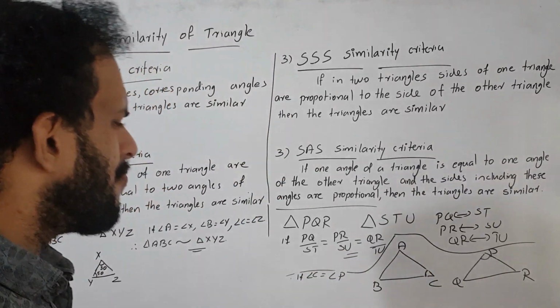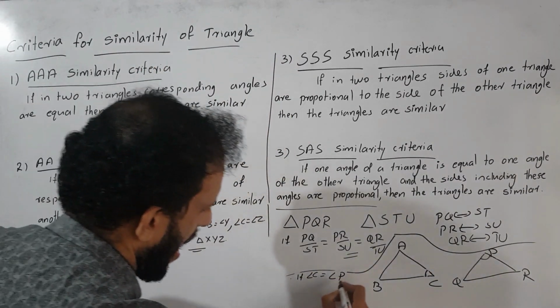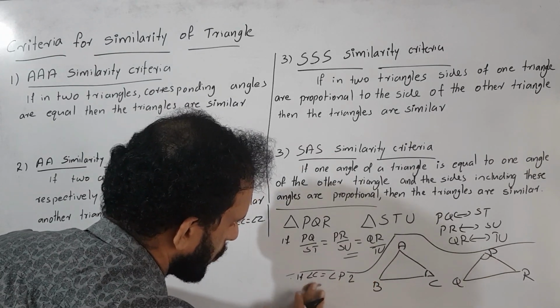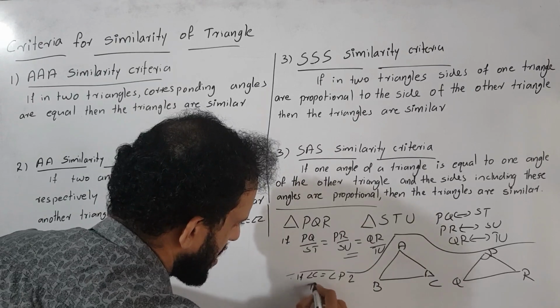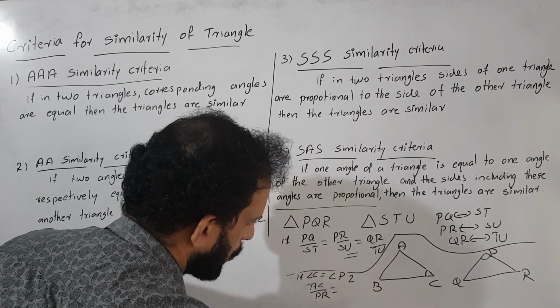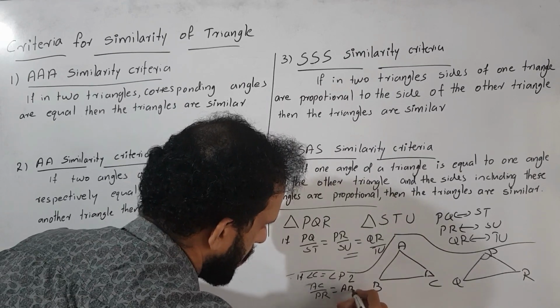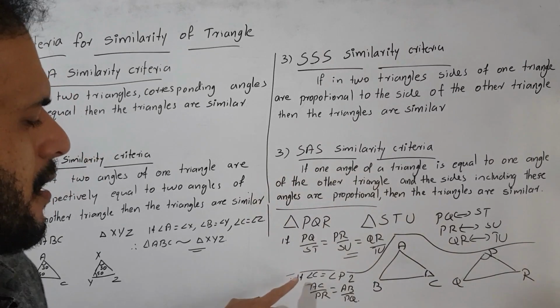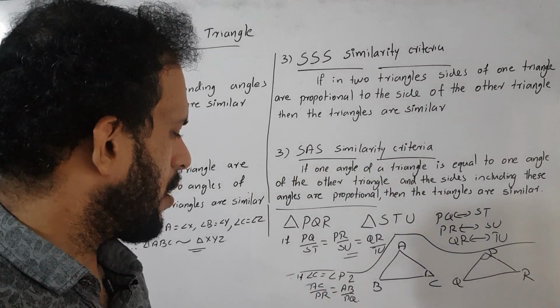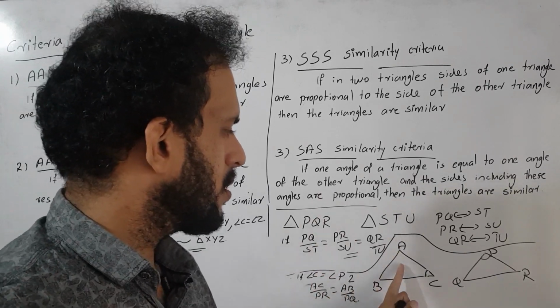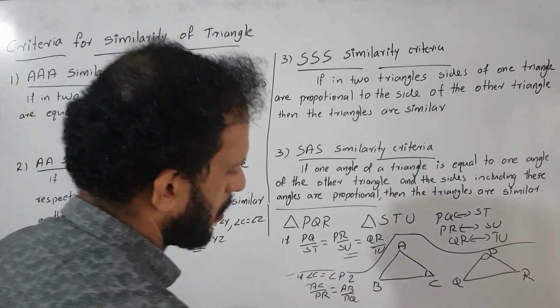If the answer is yes, then AC by PR is equal to AB by PQ. If we get that the ratios are equal, we conclude that the triangles are similar.